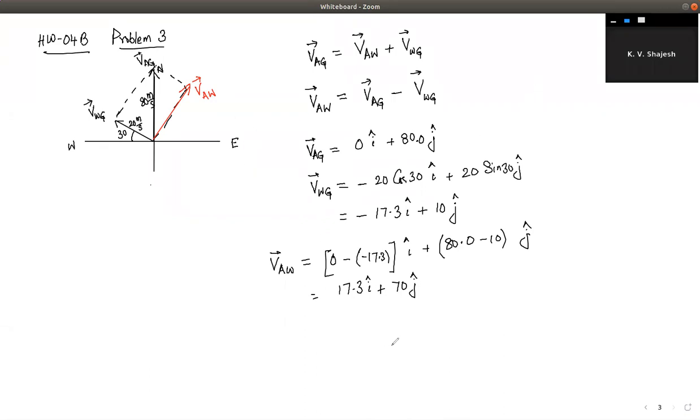So in what direction and with what speed? We first calculate the magnitude of this velocity.